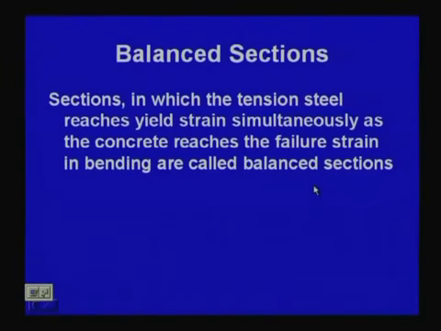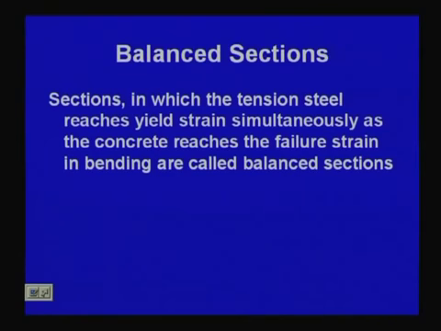One thing here I shall tell you, we can also find out for other cases also. Just to repeat what we mentioned in the working stress method, that is balanced sections.